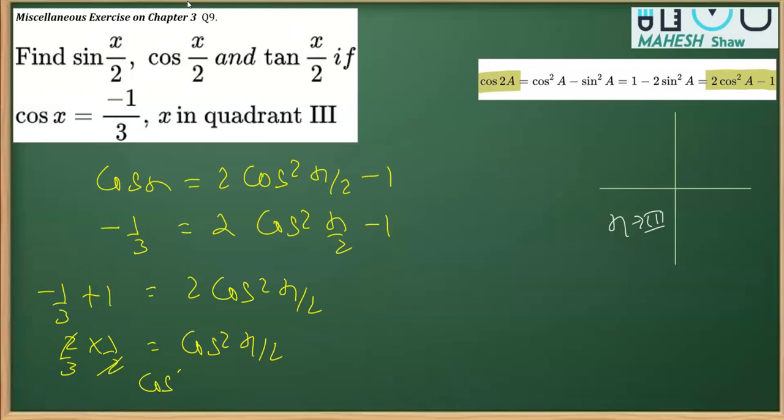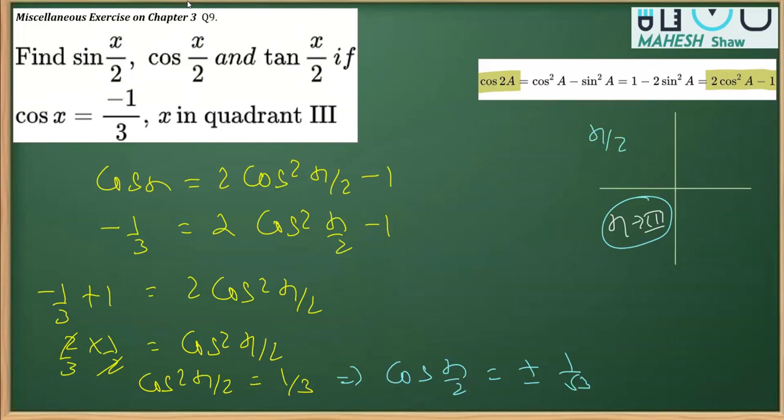That means cos x by 2 is plus minus 1 over root 3. We know the quadrant for x, but we have to get the quadrant for x by 2.